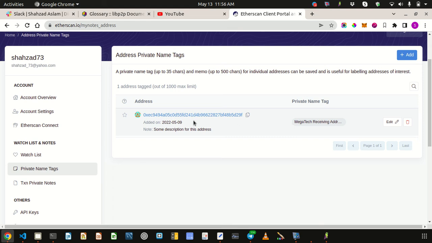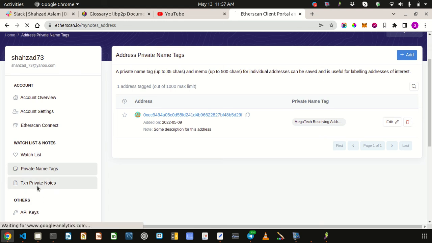For example, if I am interacting with some addresses, receiving or sending tokens or ethers to those specific addresses, of course I cannot remember these addresses, so I can add them in this account and give them a specific private tag name so that I will be reminded what this address is all about. For example, this particular address I have added, I have given it a custom name, mega tag receiving address. So you can add any addresses and give them some meaningful names.